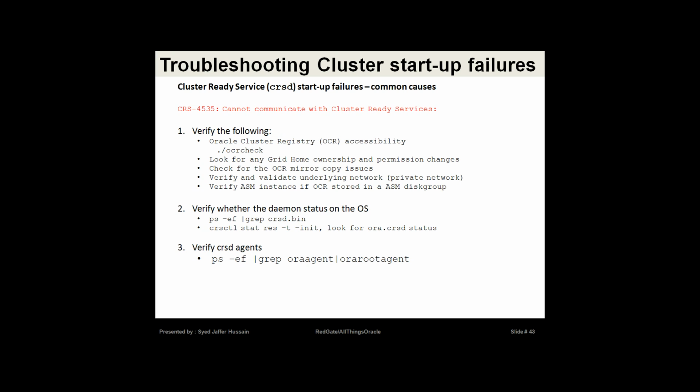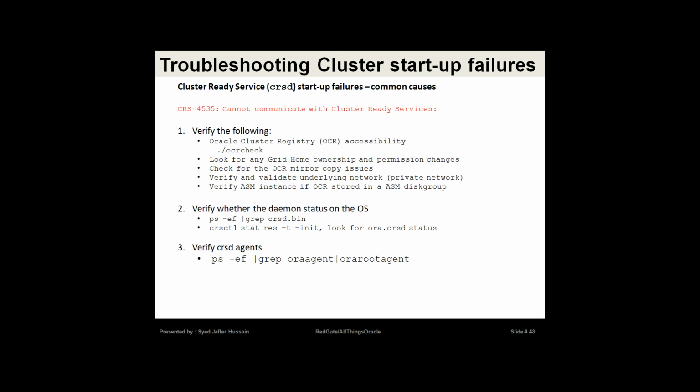And in case CRSD becomes unhealthy or is unable to start, you need to go through these checks, like verifying you are able to access the Oracle Cluster Registry. You can run the command ocrcheck to know if OCR is accessible or whether you face any corruptions. Also, more importantly, you have to look at the ownership and permission of the grid home.